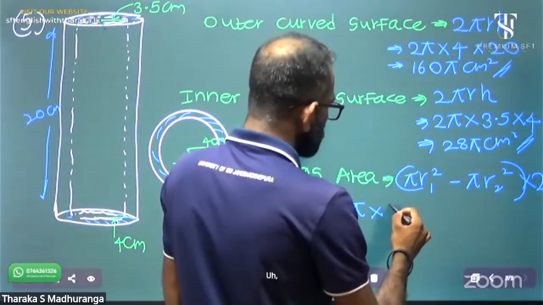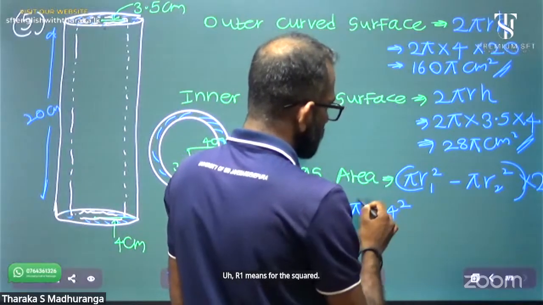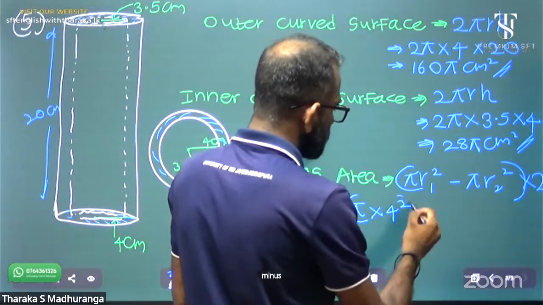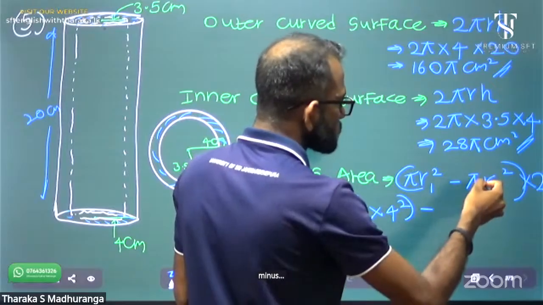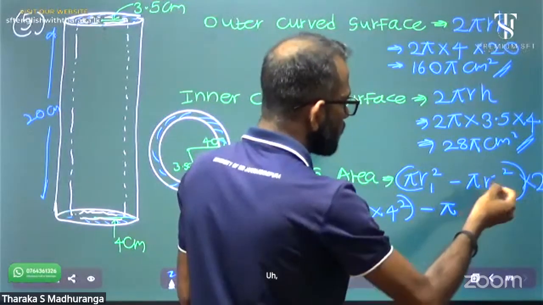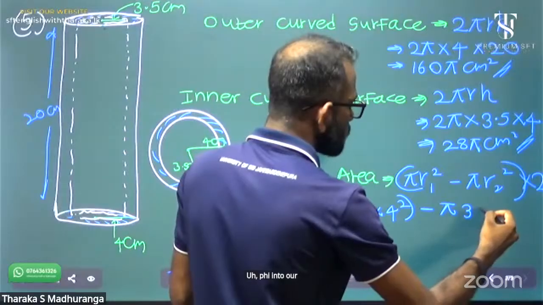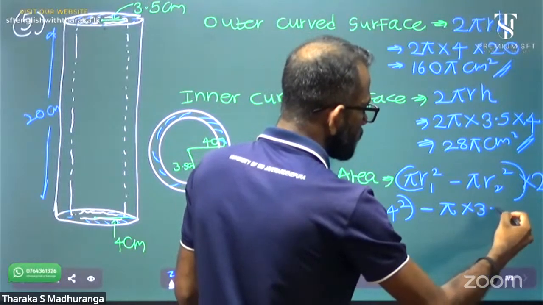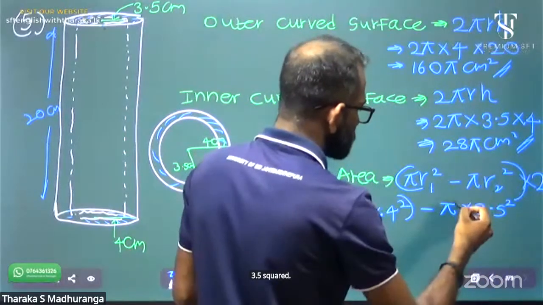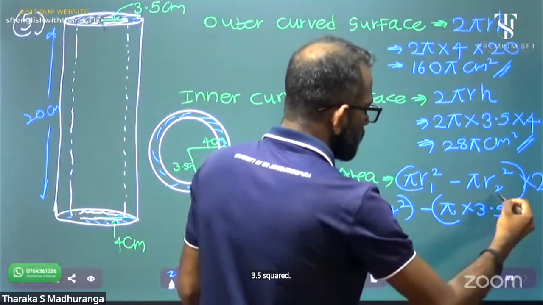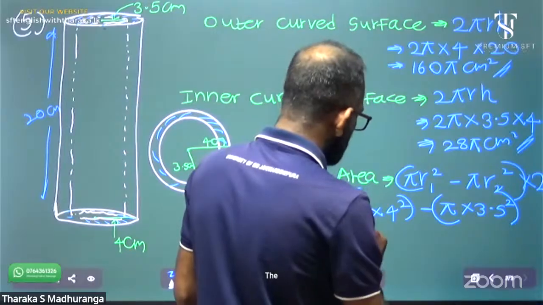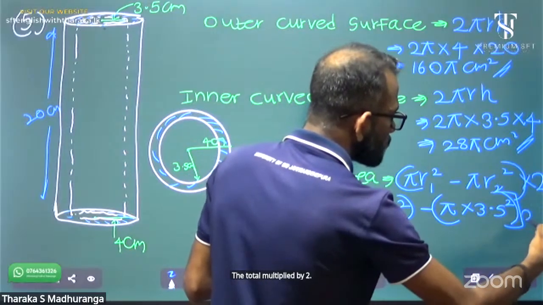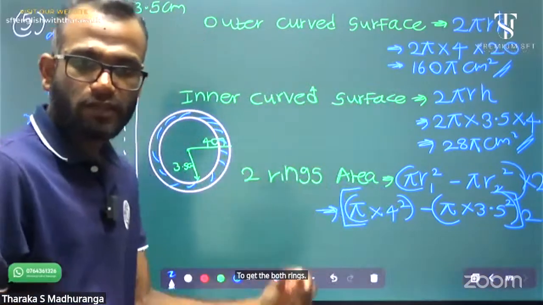R1 means 4 squared, minus π into R2, which is 3.5 squared. The total is multiplied by 2 to get both rings.